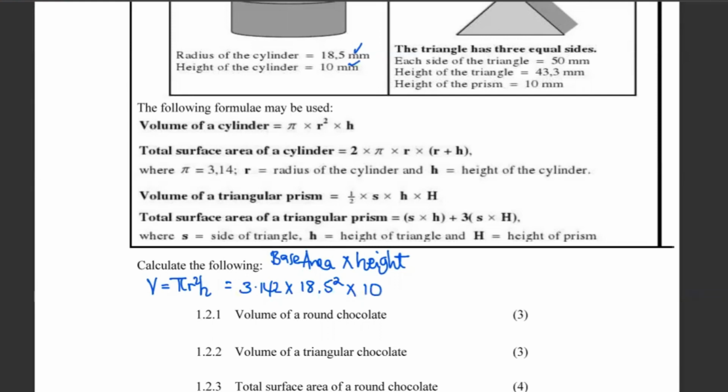You substitute according to the formula. 3,142 times 18,5 squared times 10. The volume ended up being 10,753,5 millimeters cubed. Why am I putting cube? Because I'm looking at volume.